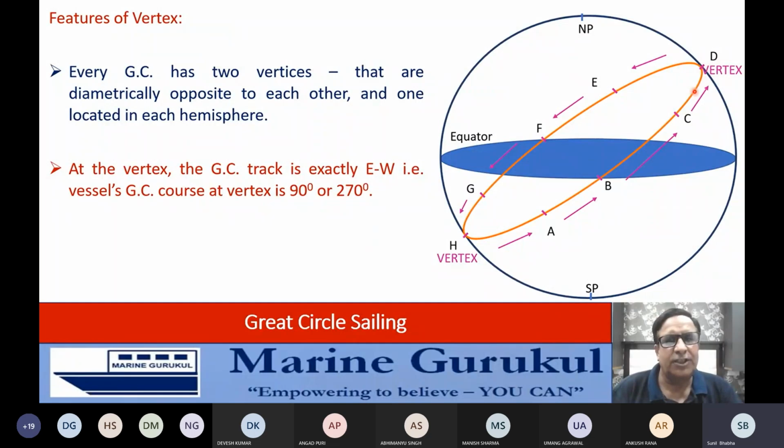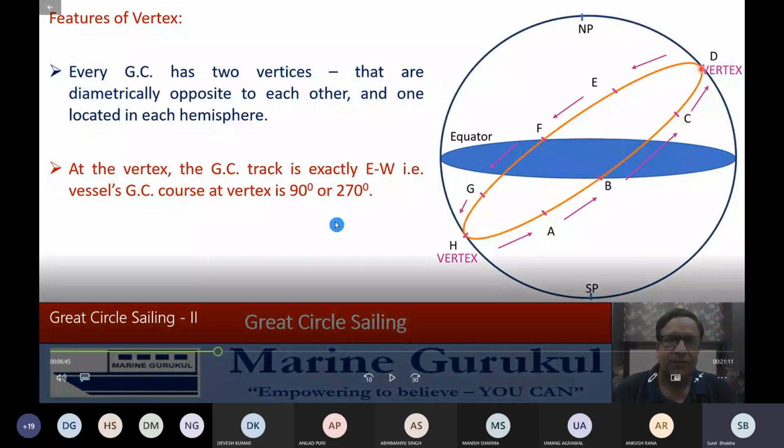So somewhere this change has taken place, and the point where the change takes place is point D, where the northerly component was continuously decreasing, becoming 0 at the vertex before the southerly component sets in. So at the vertex, there is no northerly component of the course, there is no southerly component of the course. Therefore, the vessel's course will be either east or west.